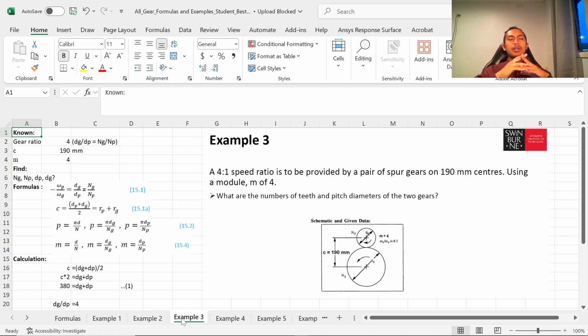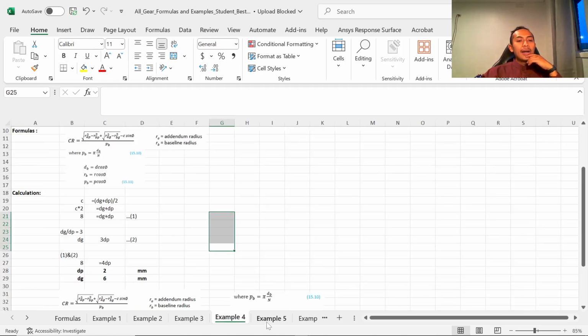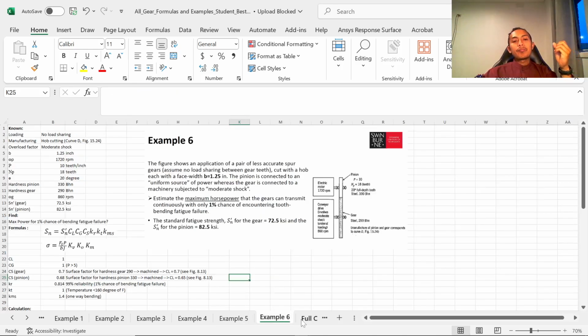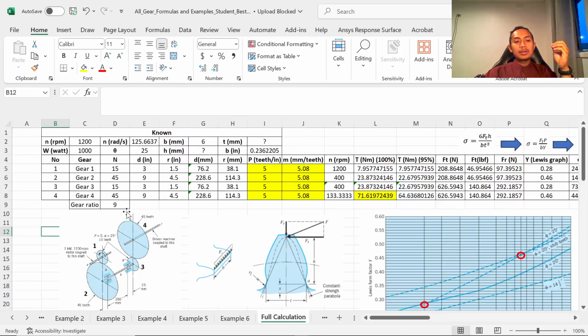The class name is Machine Design Project, and I'm one of the tutors. I give them tutorials about machine elements, and one of them is gears and gearboxes. This is the gear section, and it's very interesting because I have experience with this kind of problem.